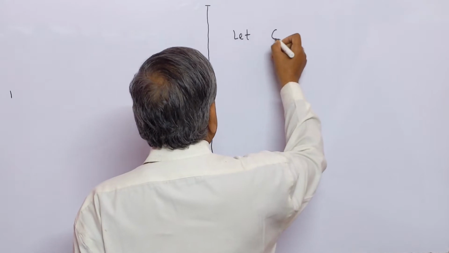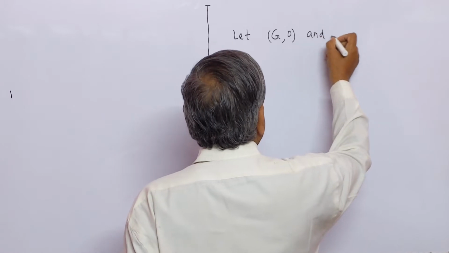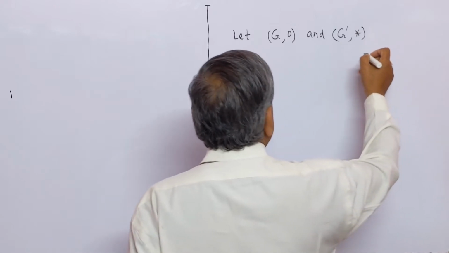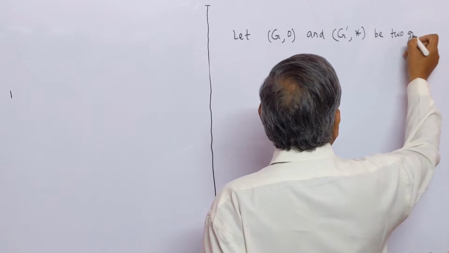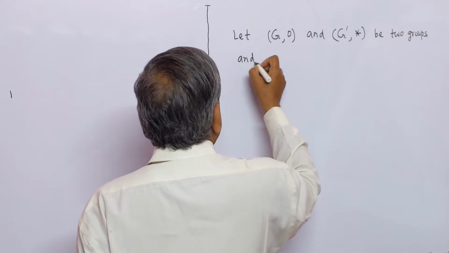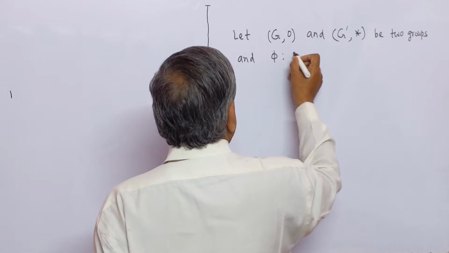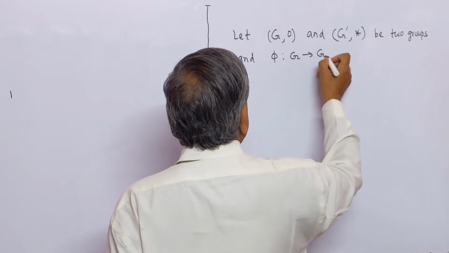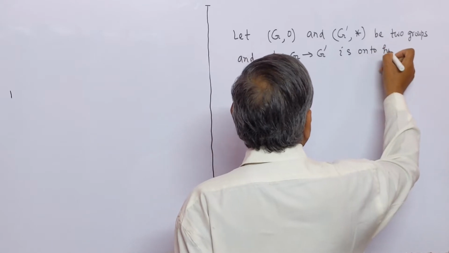Let G with given binary operation and G prime with another binary operation be two groups, and phi is an onto homomorphism defined on G into G prime.